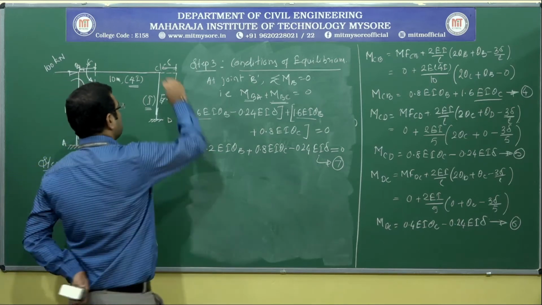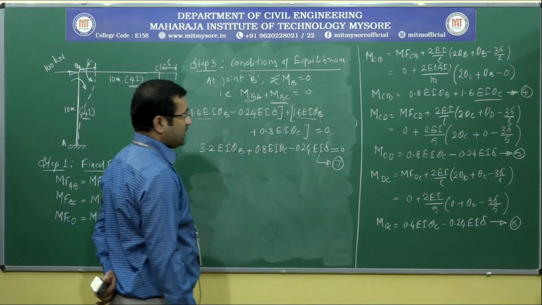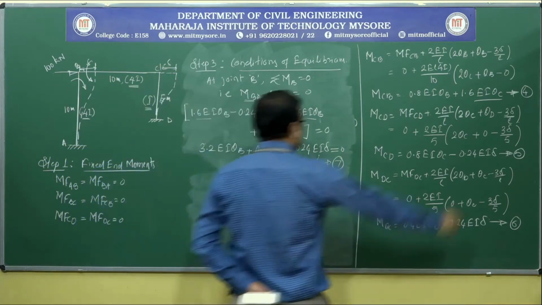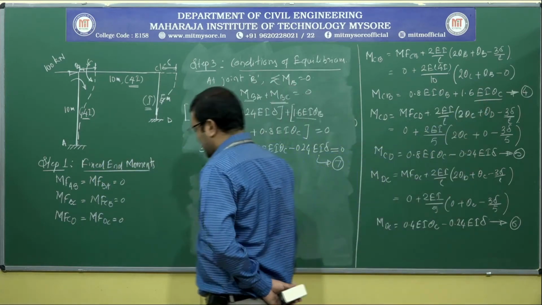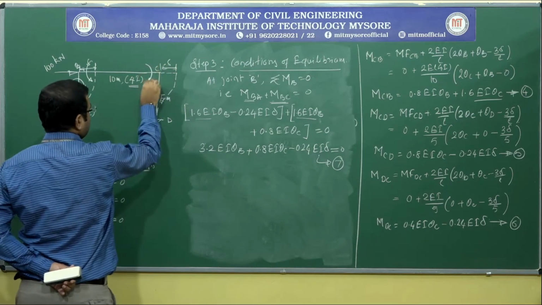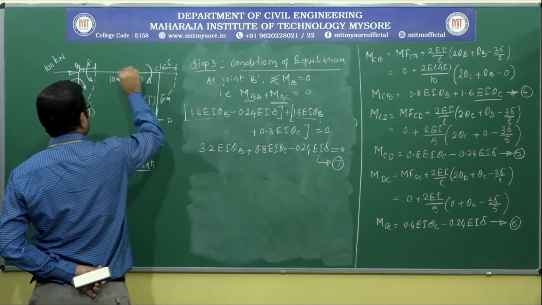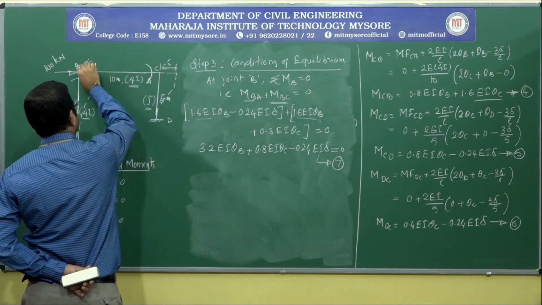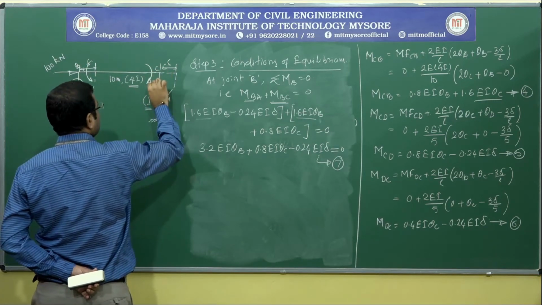Similarly, we need to write one more joint equilibrium condition at a joint C, as theta C is one of the unknown. So if you see the joint C, then you can make out that there are two members at a joint C. One is CB and another one is CD.